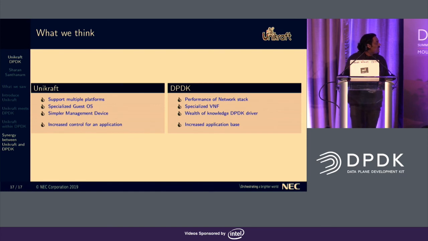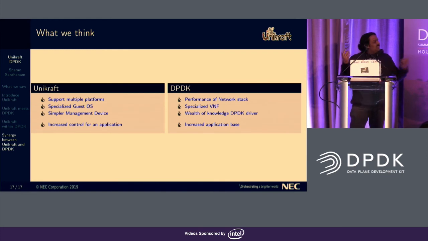To summarize, from Unikraft's perspective, it supports multiple platforms. It can specialize for guests in terms of providing a simpler device management interface, and it also provides increased control for your application.